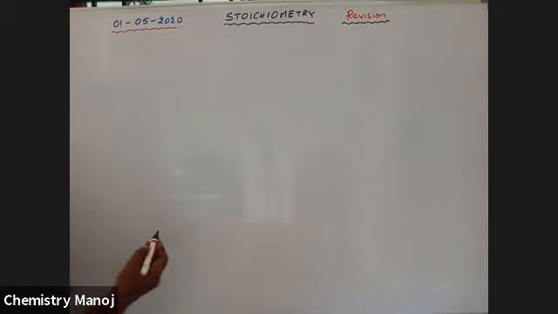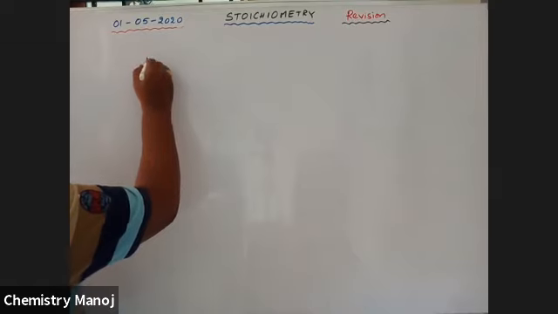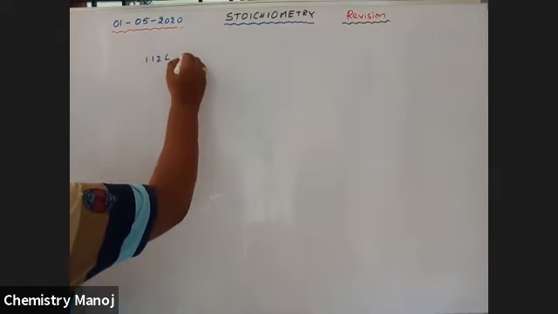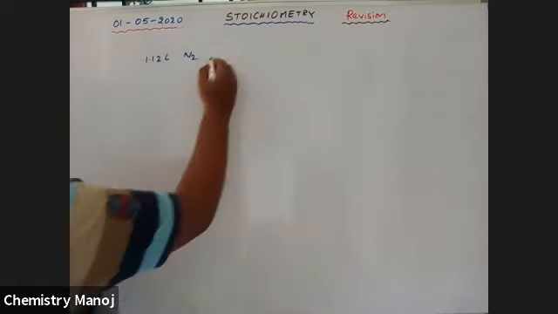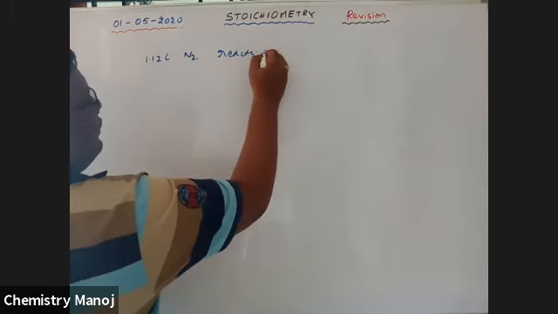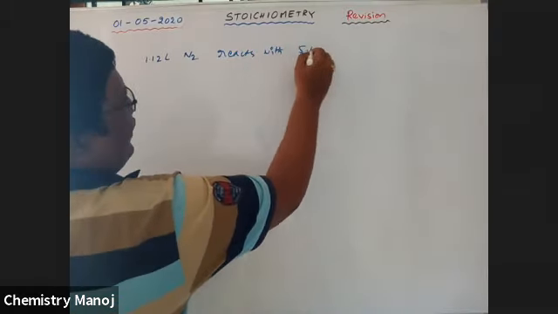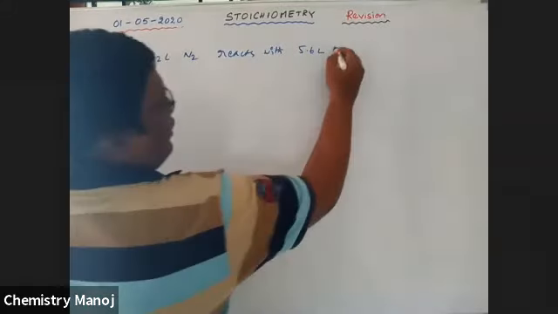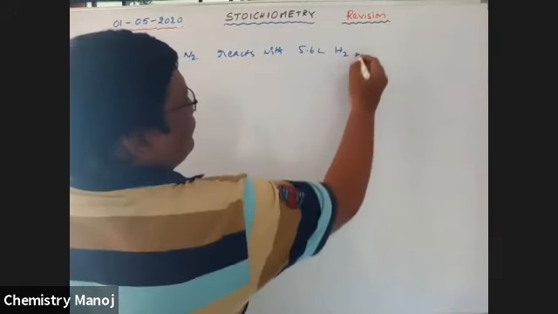Next question: 1.12 liters N2 reacts with 5.6 liters hydrogen at STP.